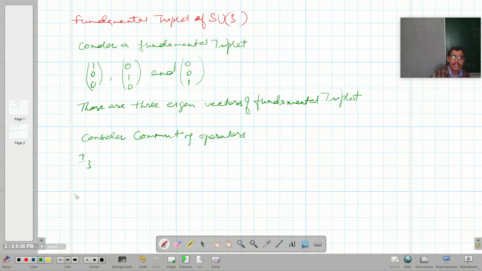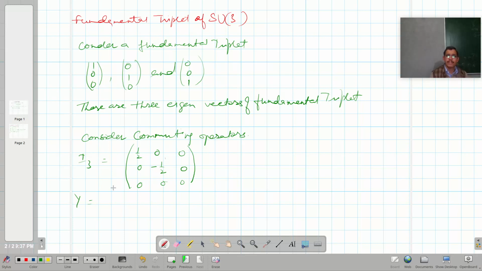So I3 is represented by 1 by 2, 0, 0, 0, minus 1 by 2, 0, and 0 0 0. So this is I3, it represents isospin in 3 by 3 matrix form, because in 2 by 2 isospin is represented by this part and the rest will be 0.